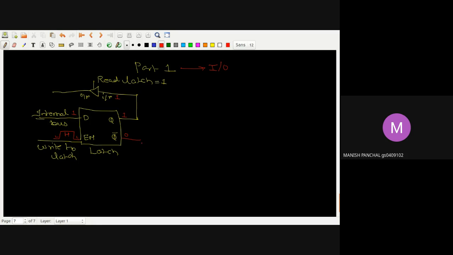So this Q is further connected with one type of the MOSFET. Okay, so if I draw here the MOSFET, and I am connecting this VCC not directly, I am using one pull-up resistor here.